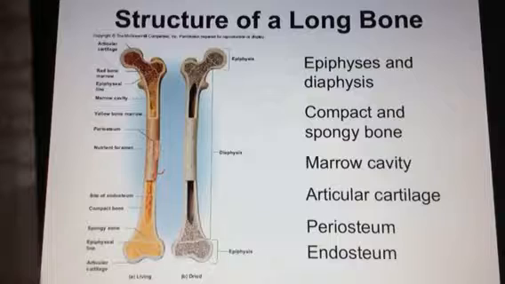Really you should call it the medullary cavity. Covering the epiphysis you see that little layer of articular cartilage. Not all pictures are going to actually show the periosteum, but it is covering the diaphysis. A lot of times you will see a little line pointing to the endosteum, which is inside that medullary cavity.